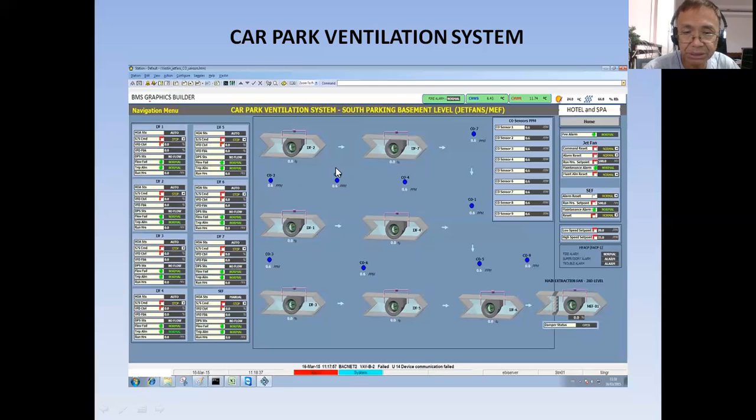High speed is 50 hertz. If there is a high concentration of CO, then the corresponding jet fans will run at 50 hertz. During the fire scenario, all these fans will run at 50 hertz, including the main extraction fan.